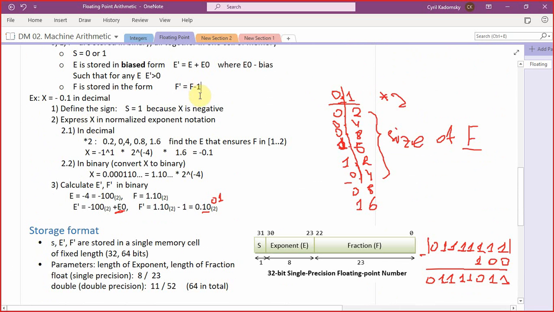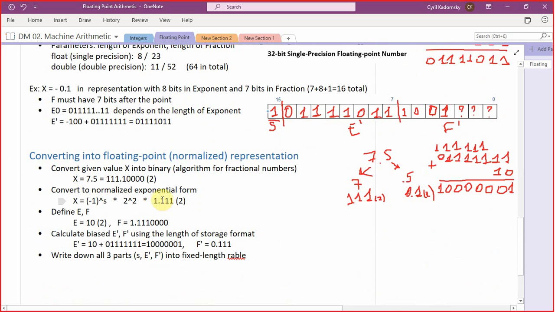Why? Well, if we have a fraction between 1 and 2, the first digit will always be the same. It will always start from 1 and some extra fractional digits. When the first digit is known beforehand, there is no point in storing it. So what is stored is just the fractional part, or f minus 1.